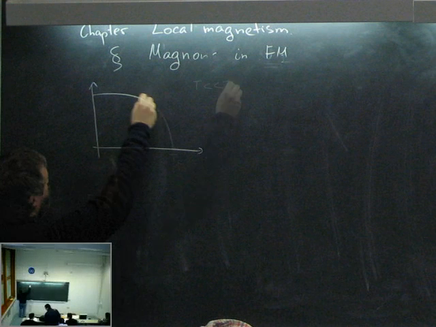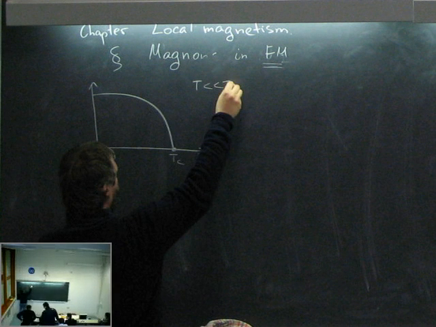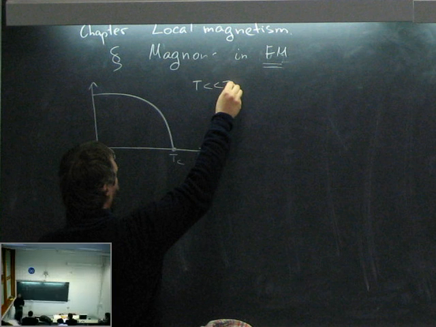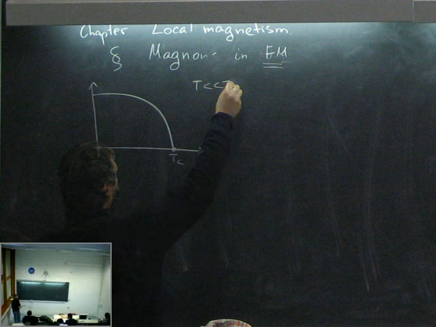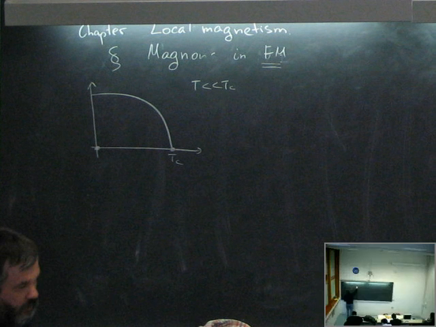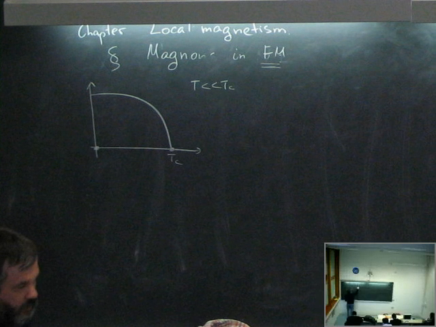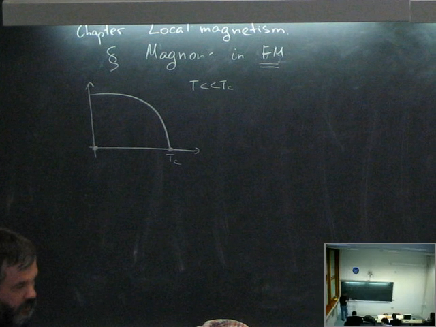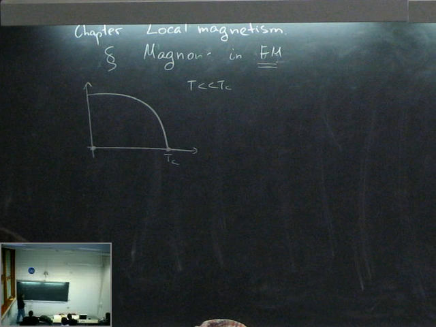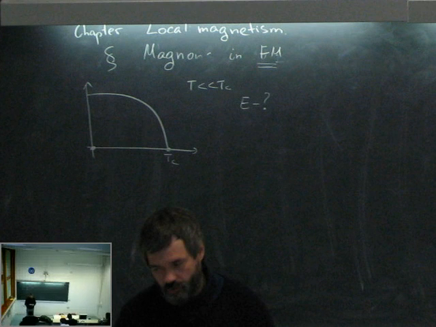So today's lecture will be T much smaller than T_C. What kind of questions are we going to address? We are going to find the energy of the ground state. This is a number. And then we are going to identify the excitations in the system.